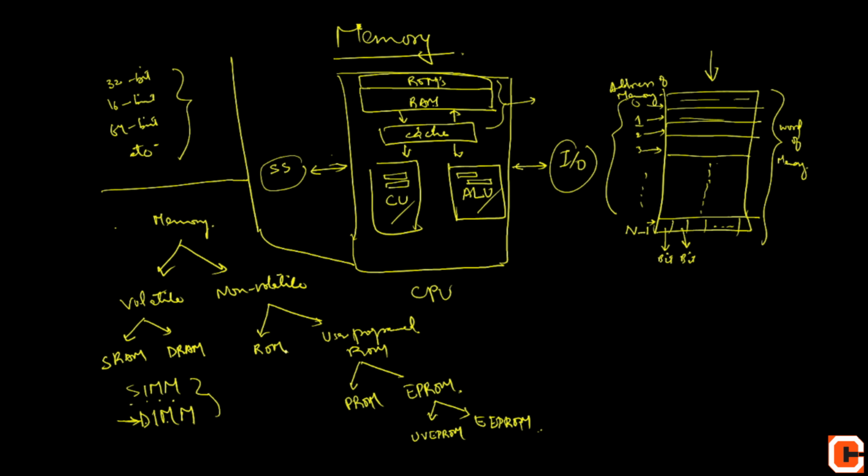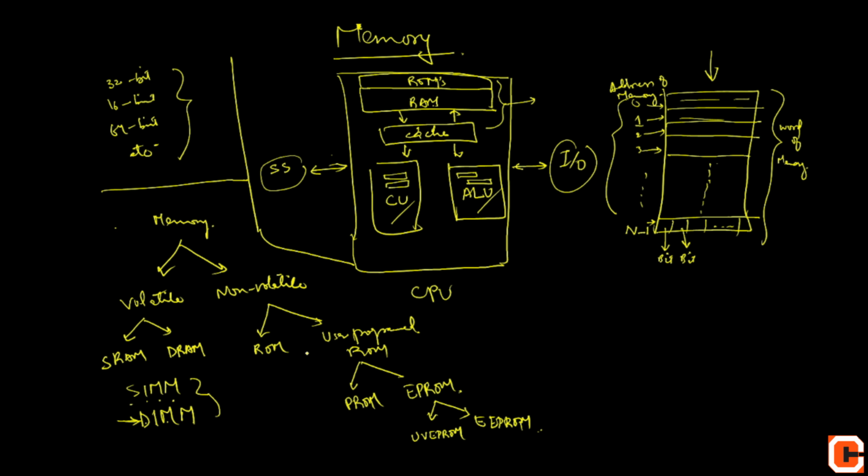Burning in of data, because data in such a memory is stored by using fuse links. Once we burn fuse links for some data, it's permanent. We can only read and use data stored in the ROM chips. We cannot change them. This is the reason why it is called read-only memory. As I have told you, since ROM chips are non-volatile, a ROM chip does not lose its stored data in case of power off or interruption of power.